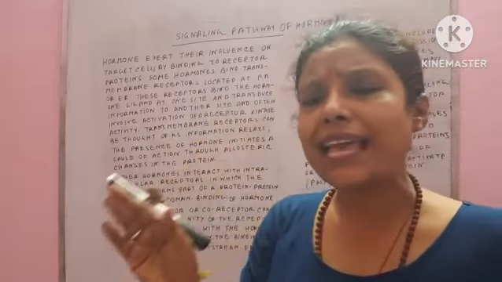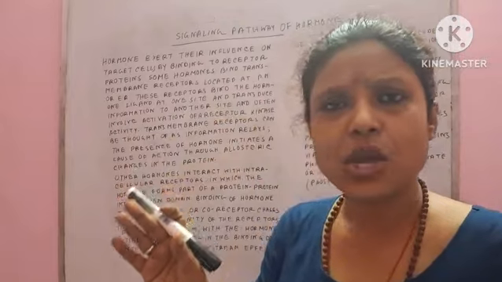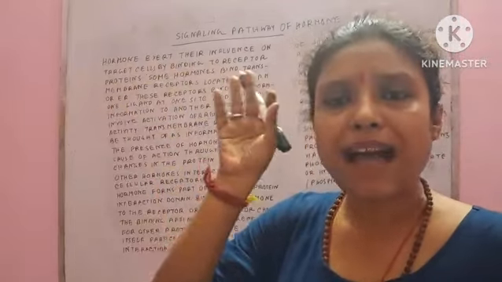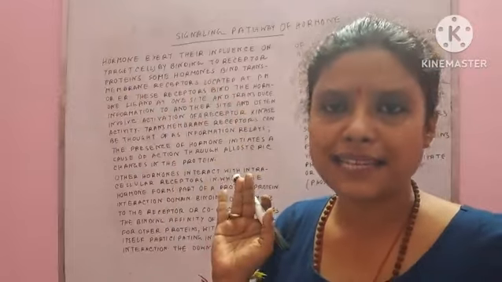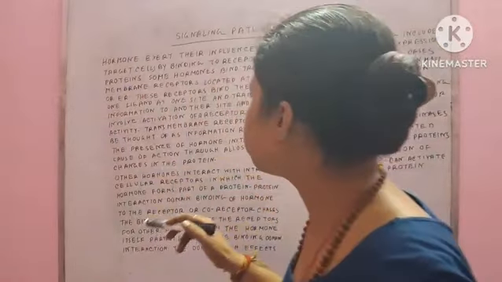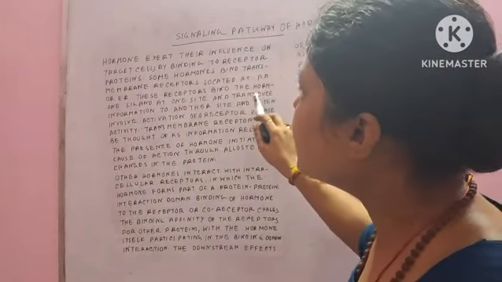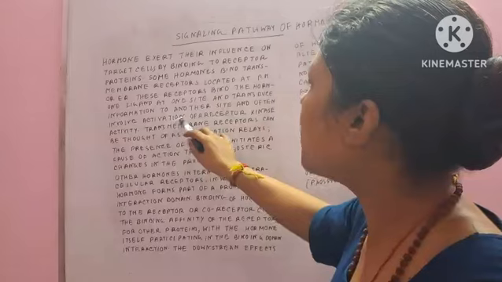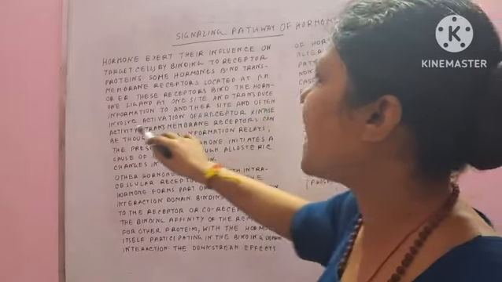So when the ligand has already bound with the receptor, the hormone tries to bind with the ligand. And what is the other site? The other site is the activation site of the receptor kinase activity.